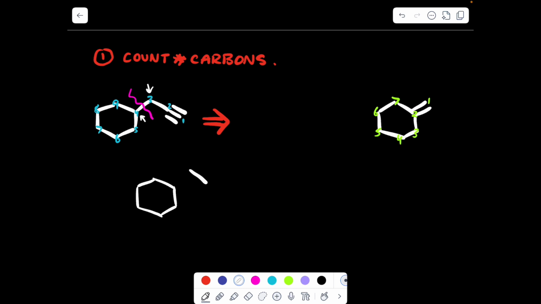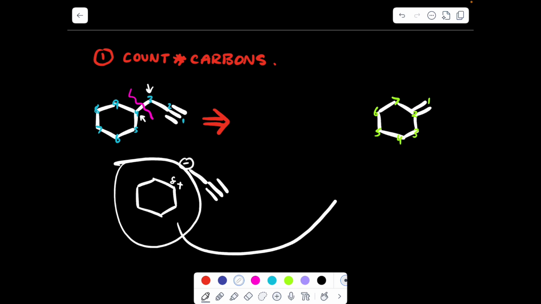Say carbon number 4 is delta plus and carbon number 3 is minus. Well, this is a cyclohexane, and is that the same cyclohexane as what we want in our starting material? No. This cyclohexane only has 1, 2, 3, 4, 5, 6 carbons.